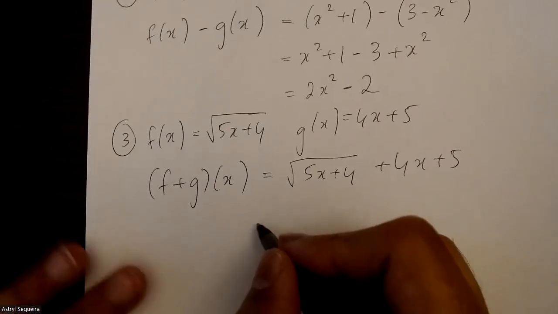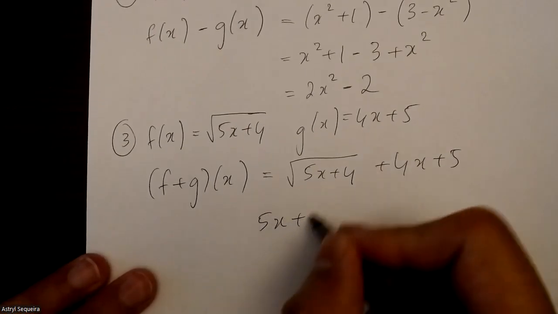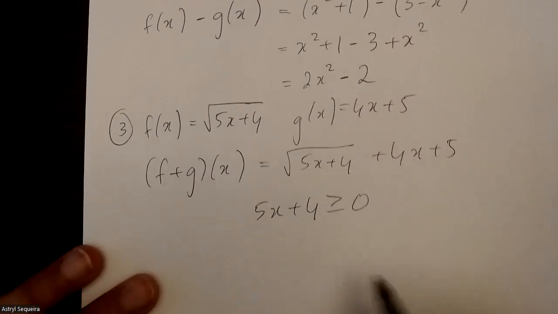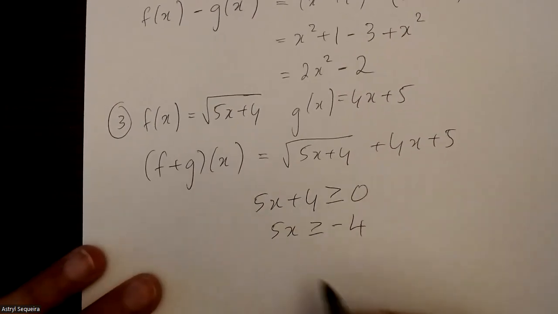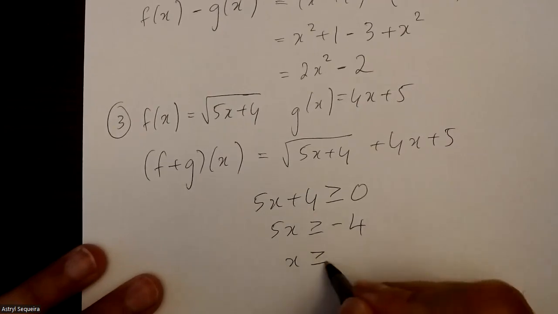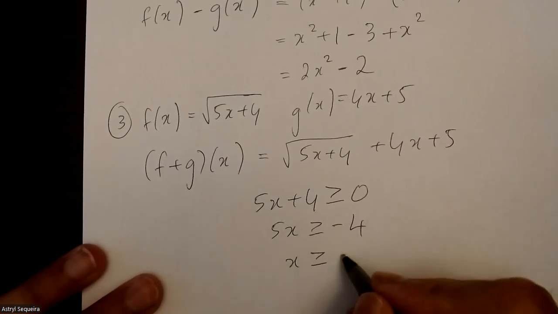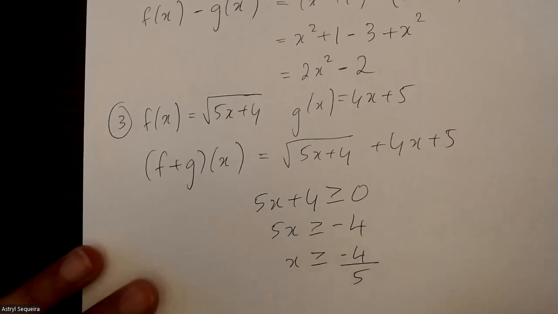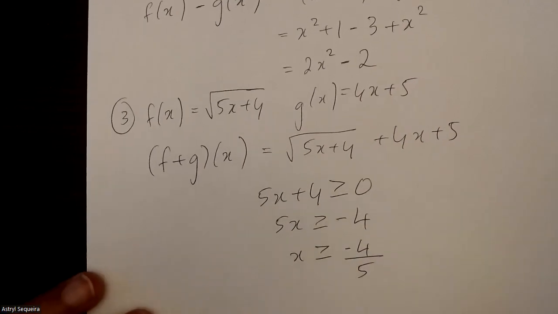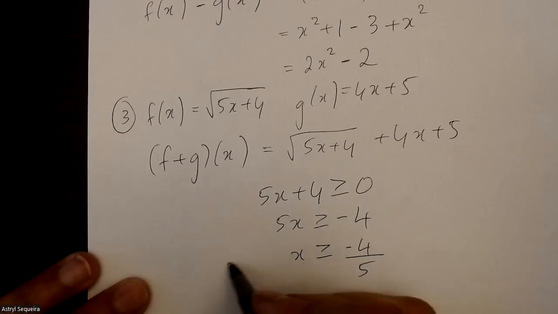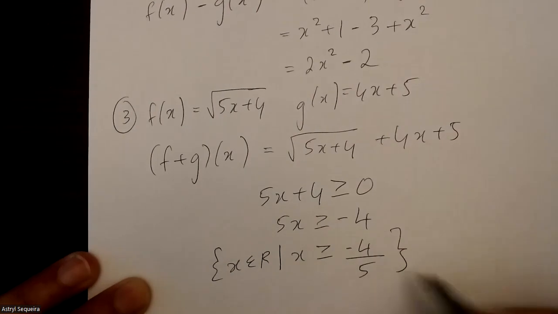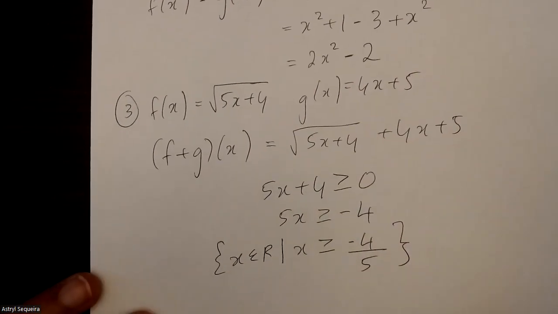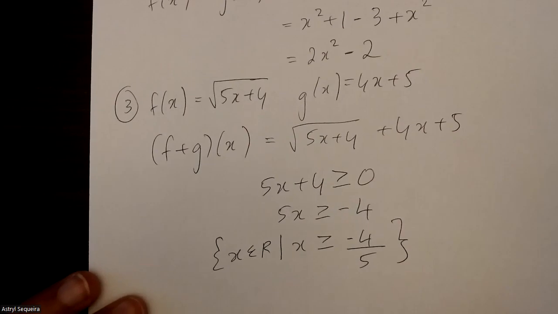Remember, whatever's inside the square root has to be greater than or equal to 0. I'm going to move the 4 to the other side, so it becomes negative 4, and then I'll divide both sides by 5. So x is greater than or equal to negative 4 over 5. So basically, our domain is x is an element of all real numbers such that x is greater than or equal to negative 4 over 5.